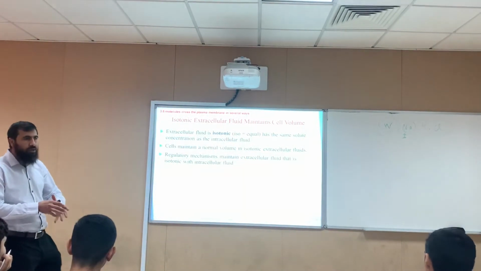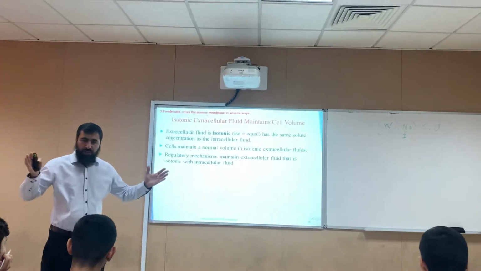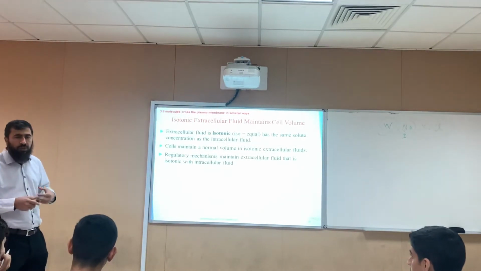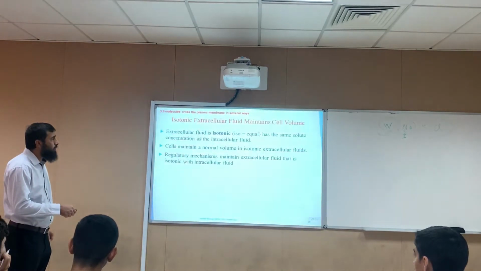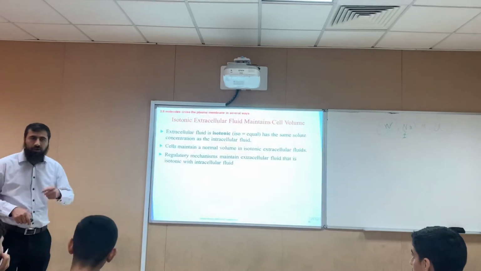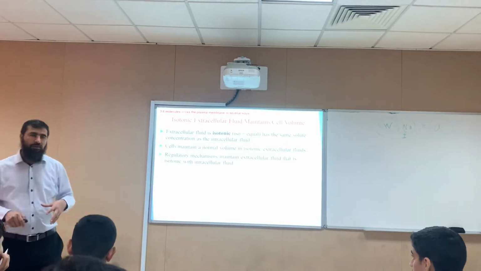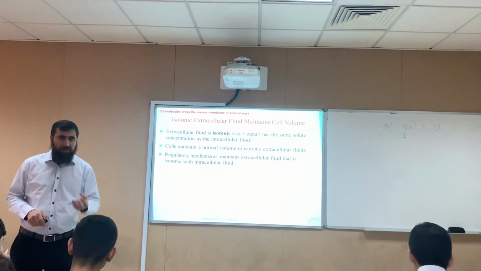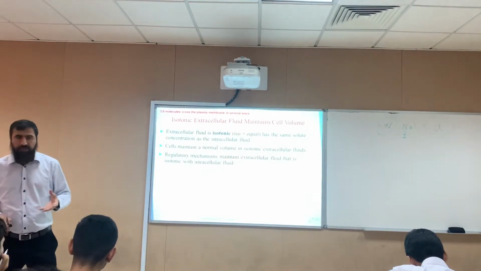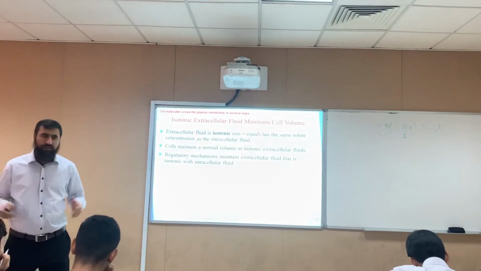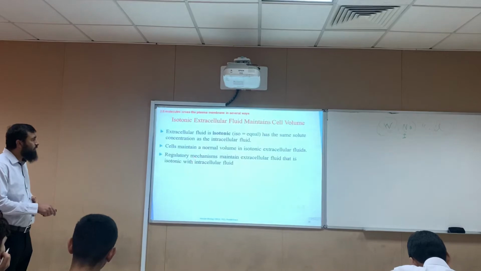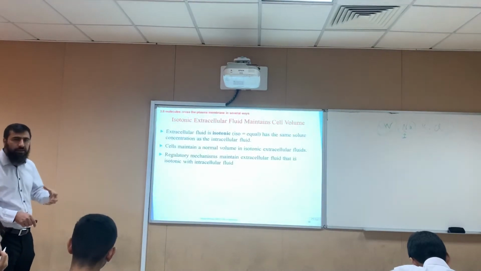So they don't burst or shrink. That's why in our body we need to maintain isotonic conditions, all right? So water cannot leave the cell and make the cells shrink, or get inside the cells and make them burst. So we need to maintain that. It's regulated, it's controlled.